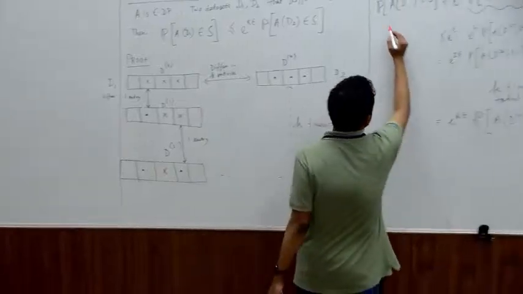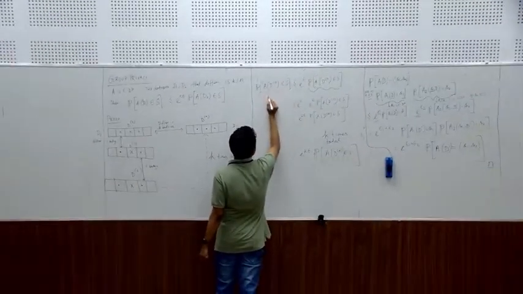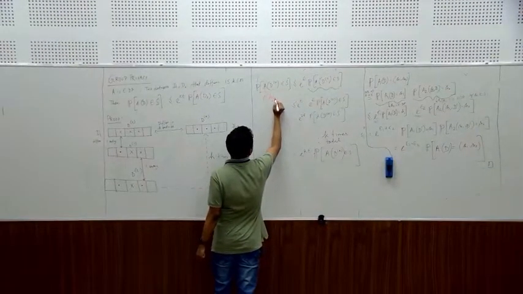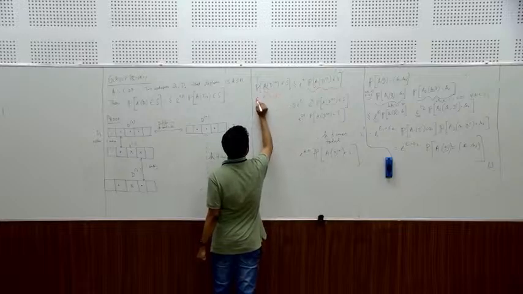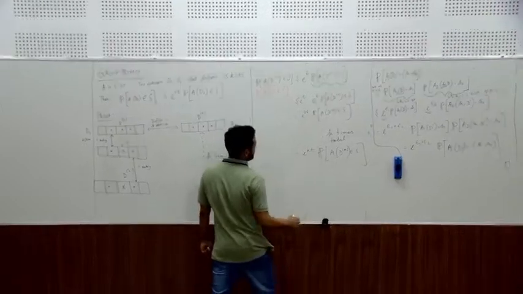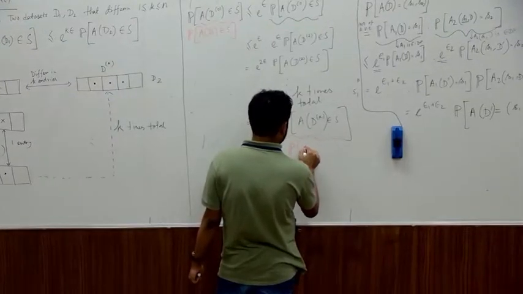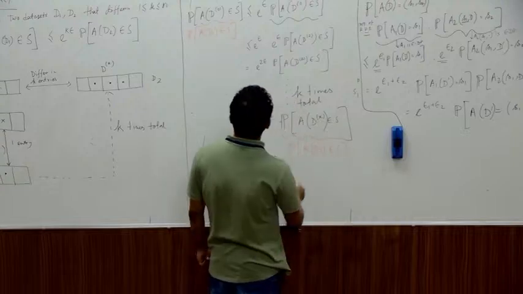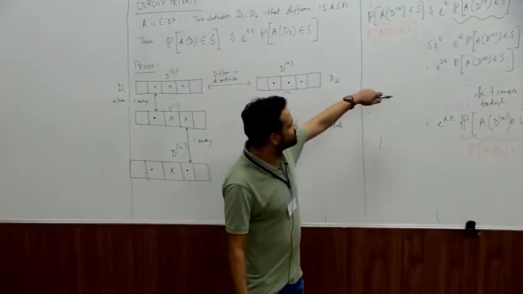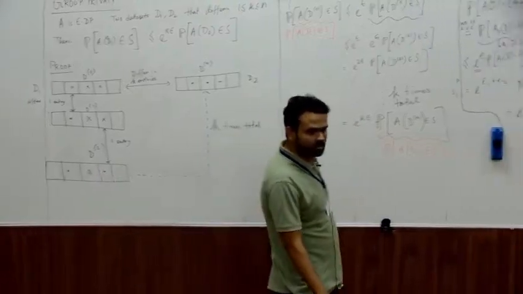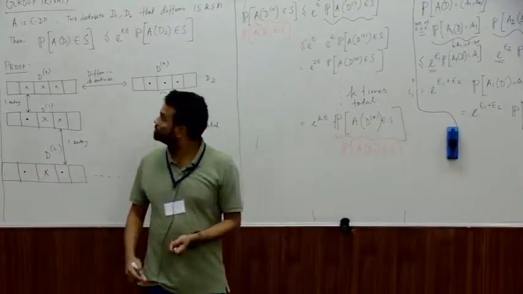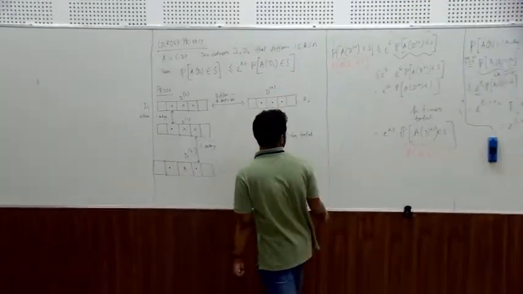So this is basically the probability of A(D1) belongs to S, and this is the probability of A(D2) belongs to S. So we have established that the probability of A(D1) belongs to S is less than or equal to e to the power k epsilon times the probability of A(D2) belongs to S. So this is what the proof is.